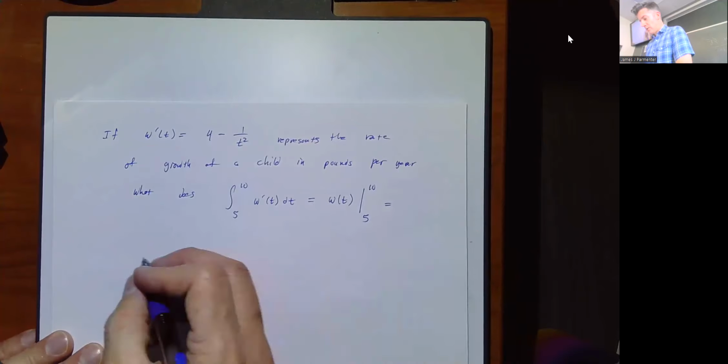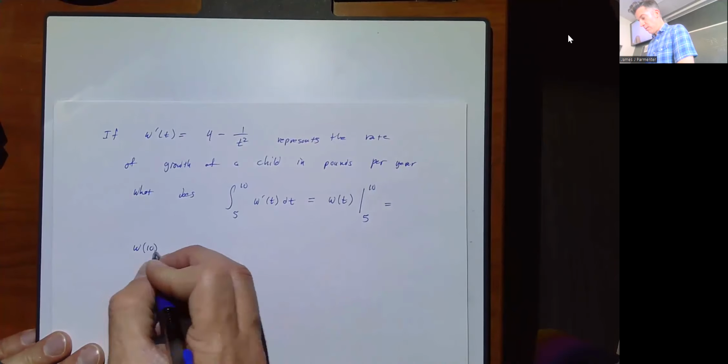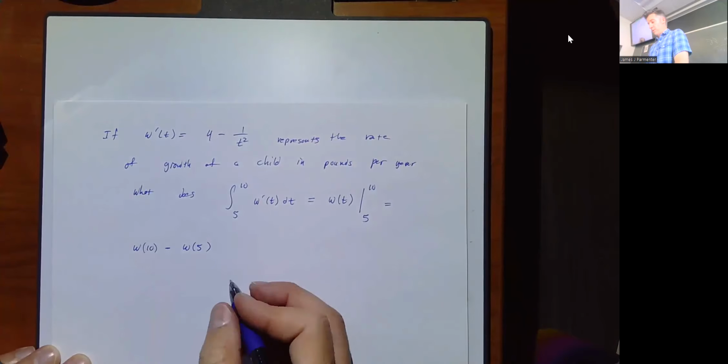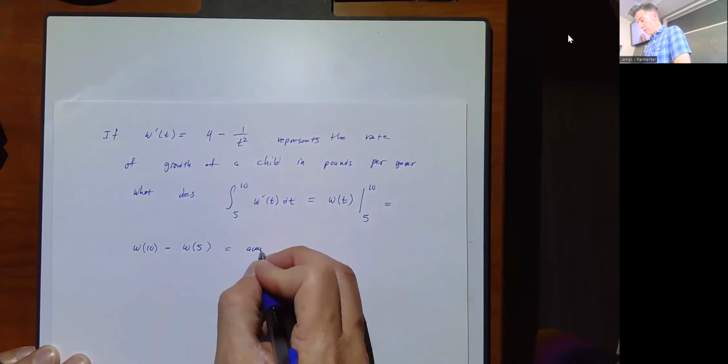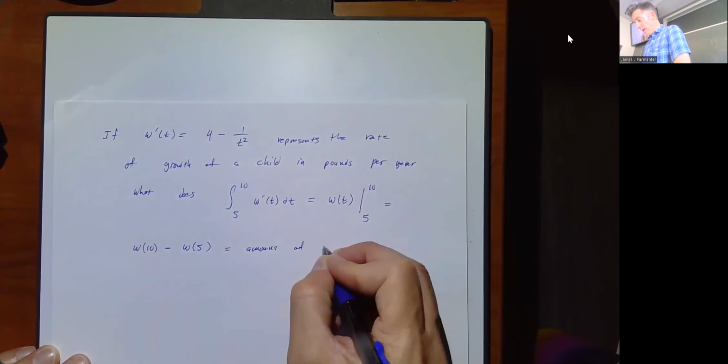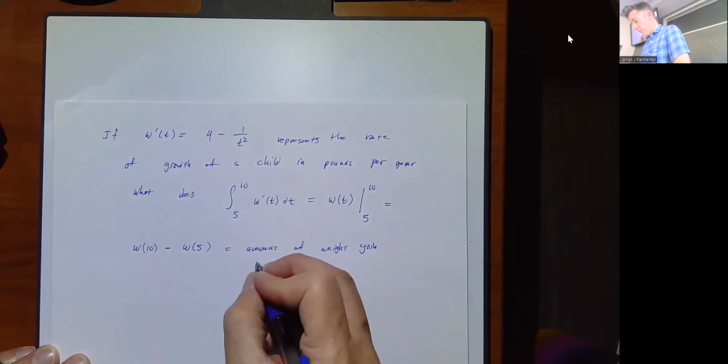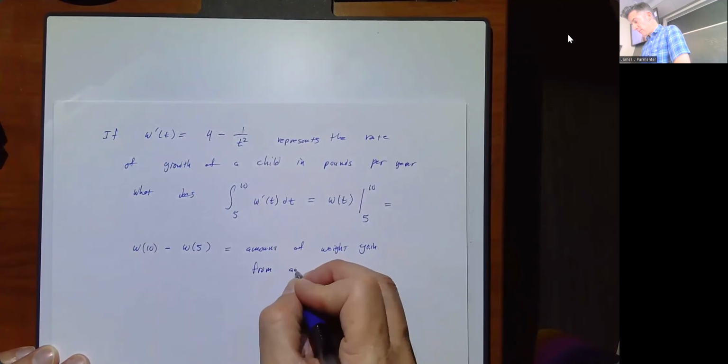So this would be the actual weight at year 10 minus the weight at year 5. Or in other words, the amount of weight gain from age 5 to age 10.